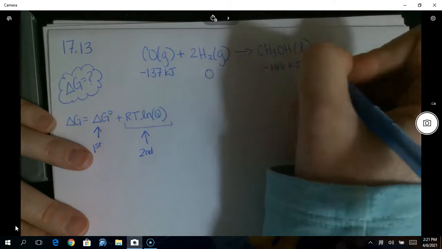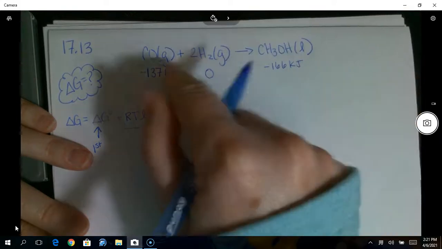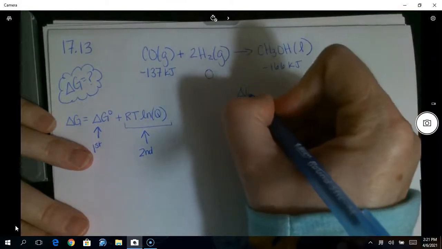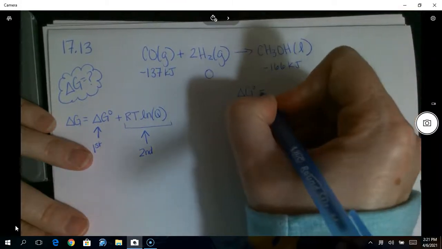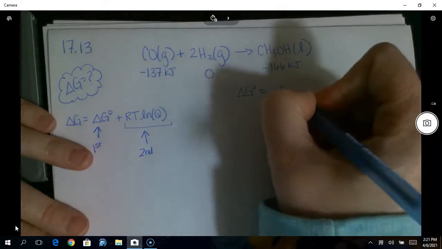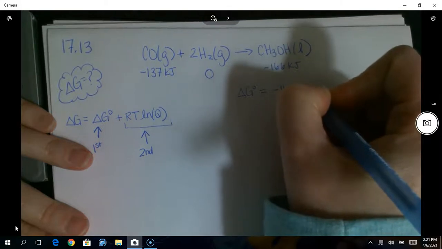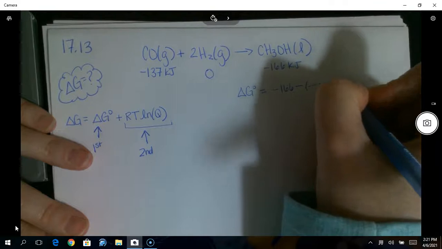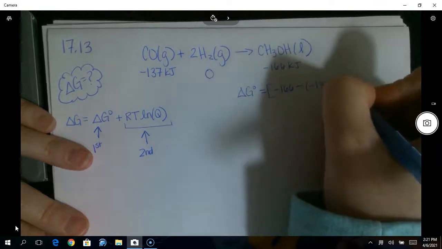Now that would be kilojoules per mole, but we only have 1 mole of each substance, so we can ignore the per mole. So now I can find the standard change in Gibbs free energy. That's going to be our final minus our initial, minus negative 137, and this is all kilojoules.